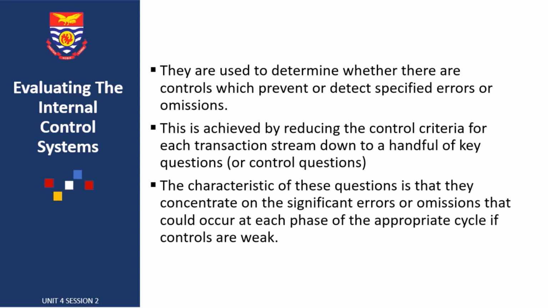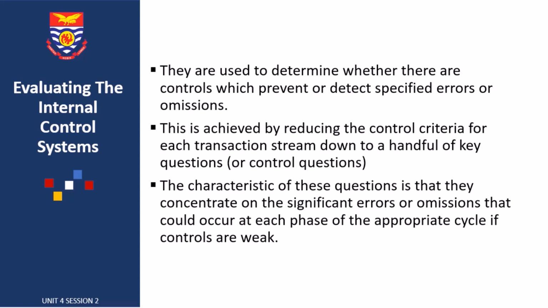Now, in recent years, many auditing firms have developed and implemented evaluation techniques more concerned with assessing whether specific errors or fraud are possible, rather than establishing whether certain desirable controls are present.